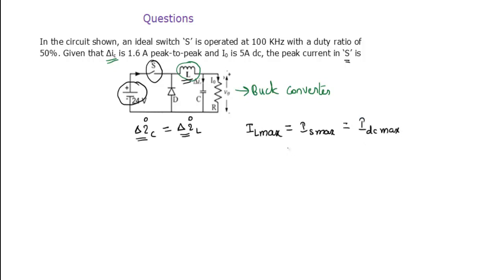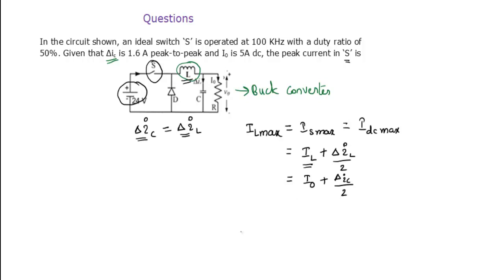What is the equation for that we discussed? It is the average value of the inductor current plus delta IL by 2. But in case of buck converter, the average value of IL is nothing but the average value of the load current, and we can directly take this delta IL as delta IC by 2.